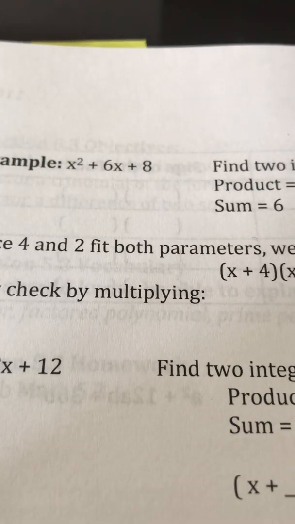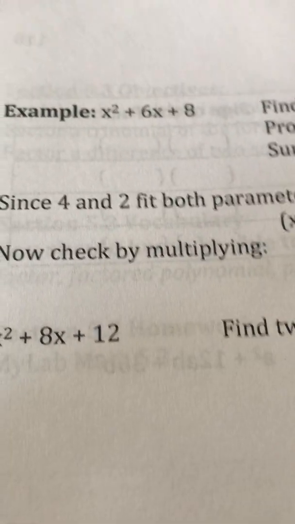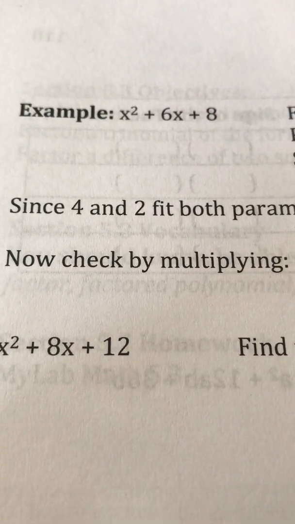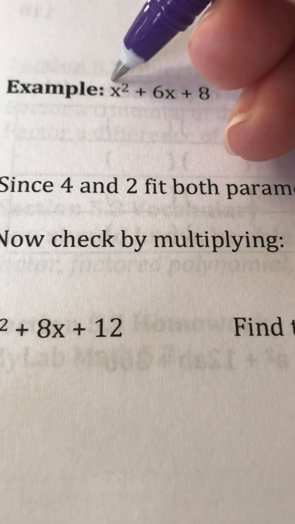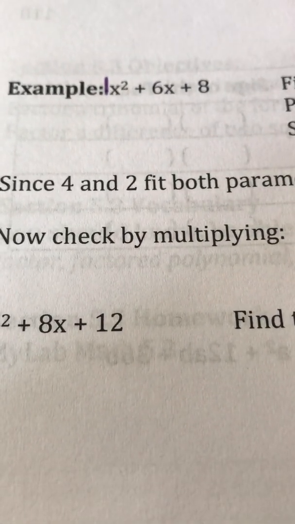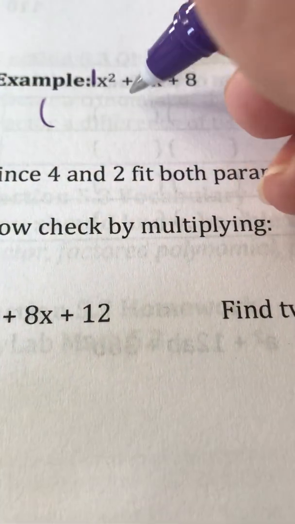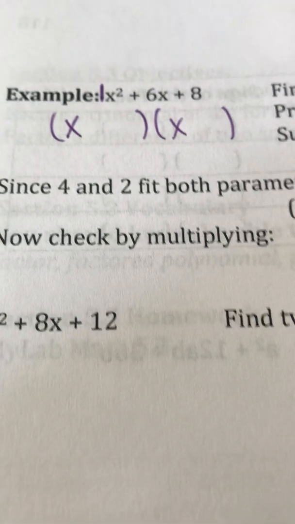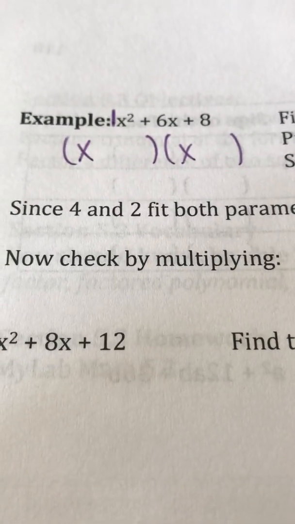Okay, here we have the quadratic equation x squared plus 6x plus 8, okay? Now, we have a leading coefficient here of 1, which means that we know that we're going to be multiplying two binomials, each of them that has an x, okay?